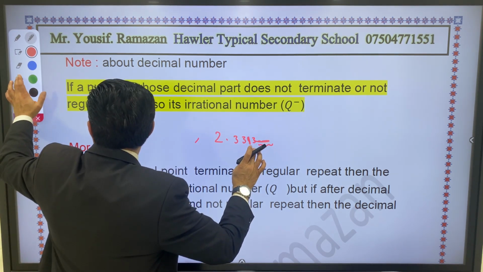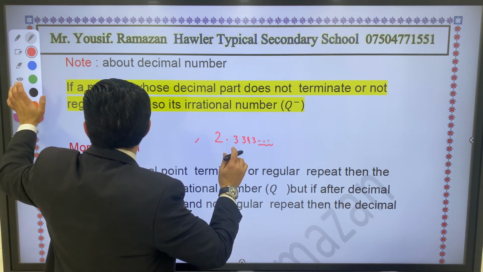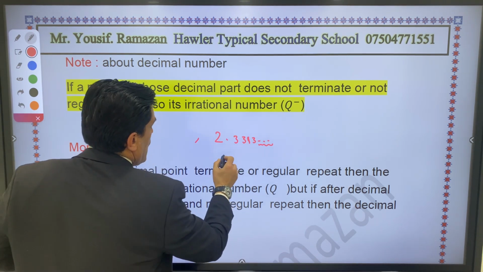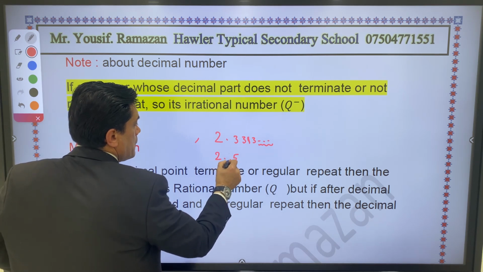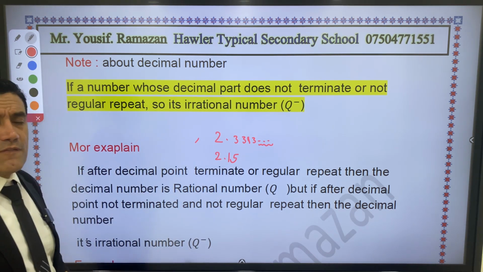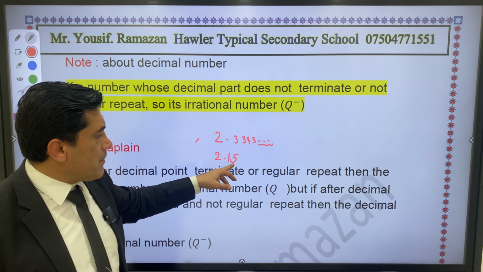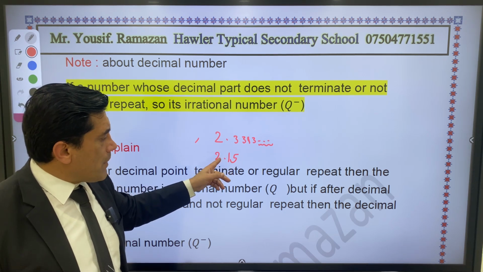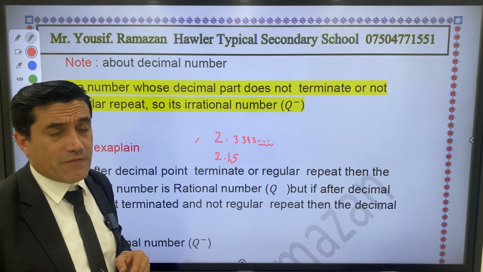And sometimes you have other numbers, for example, 2.15. 2.15 is rational. Why rational? Because after the decimal point you have two numbers, 1 and 5.